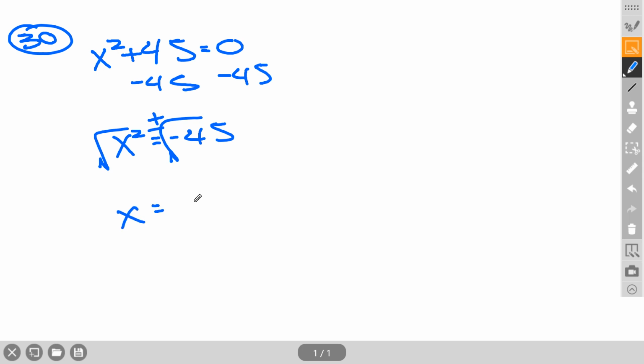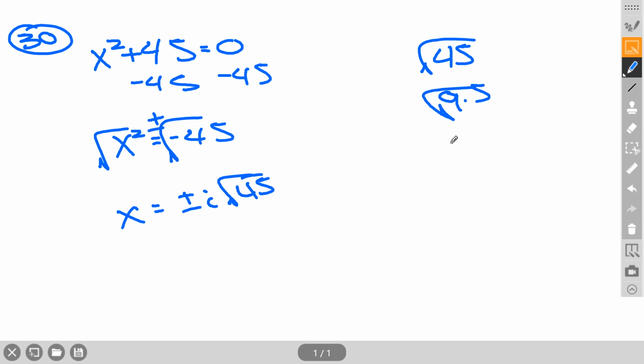So x is equal to plus or minus i root 45. 45 can be simplified though, because 45 is 9 times 5, and we can do the square root of 9. The square root of 9 is 3, so it's 3 root 5. So this is actually plus or minus 3i root 5.